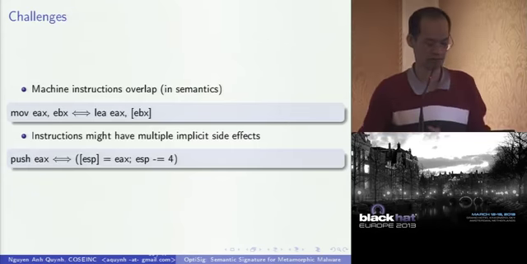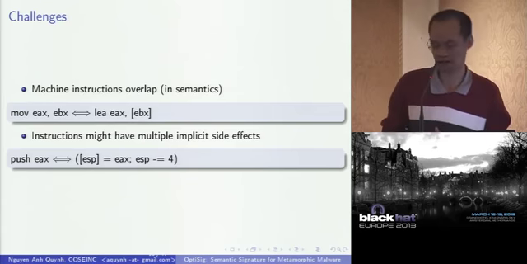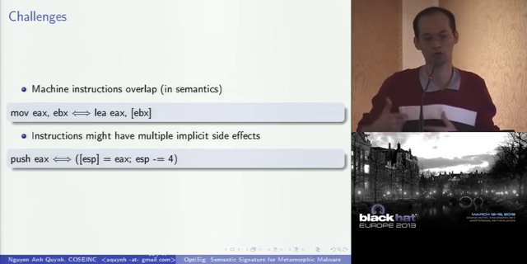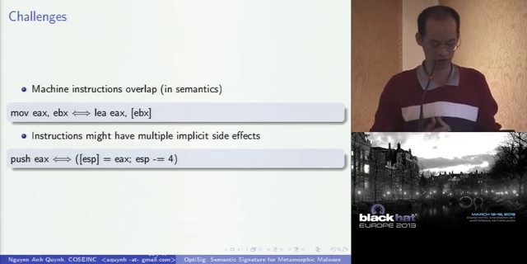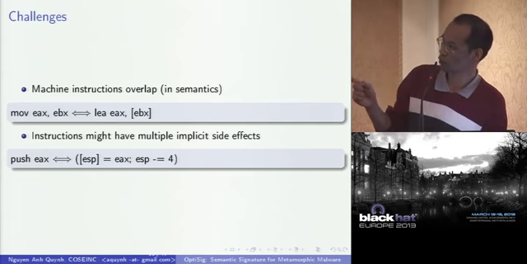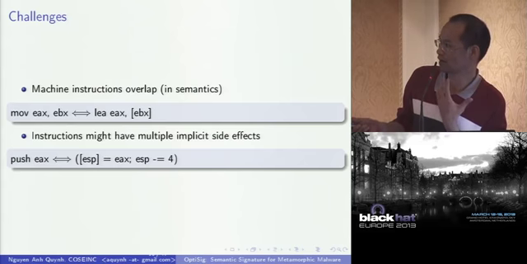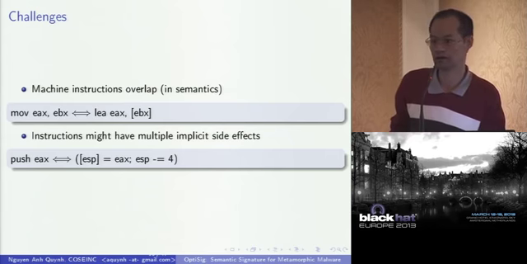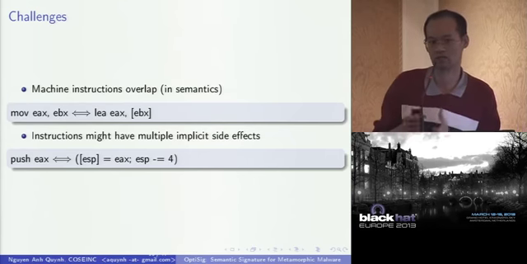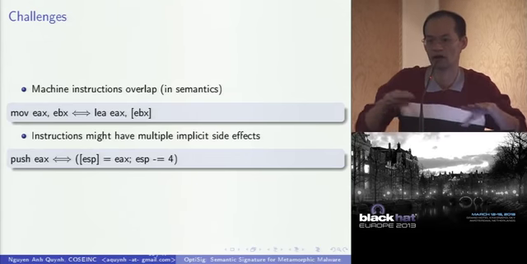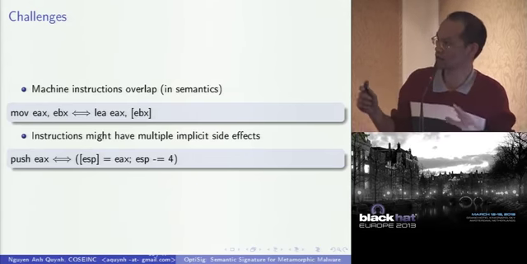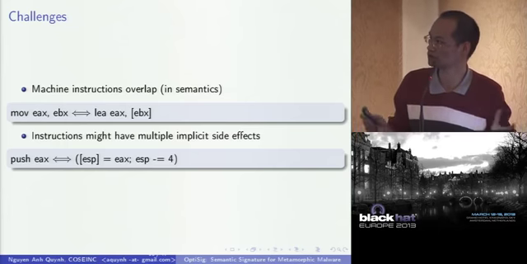Okay, so it looks very nice, but there are many challenges to implementing the ideas. There are two challenges. The first is that machine instructions can overlap in semantics. For example, move EBX to EAX is actually a load effective address from EBX to EAX. The Intel instruction set is very complicated and has many overlapping instructions, which makes analysis very complicated.